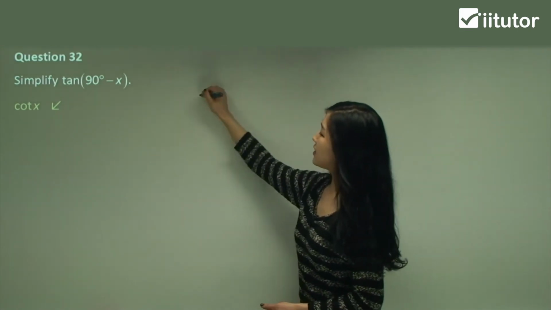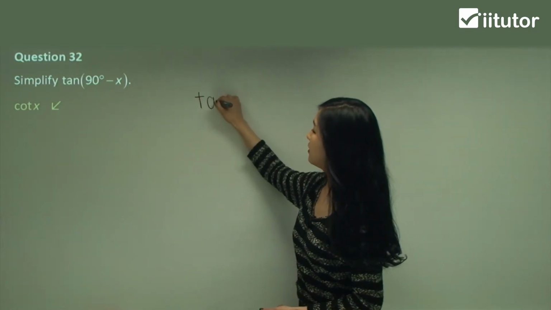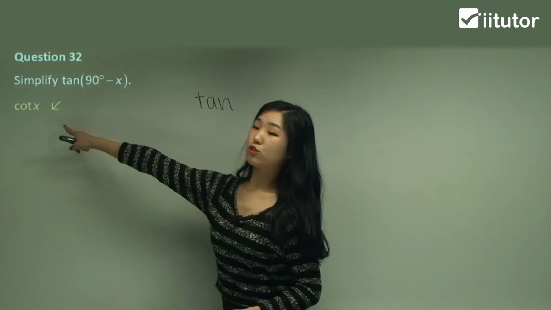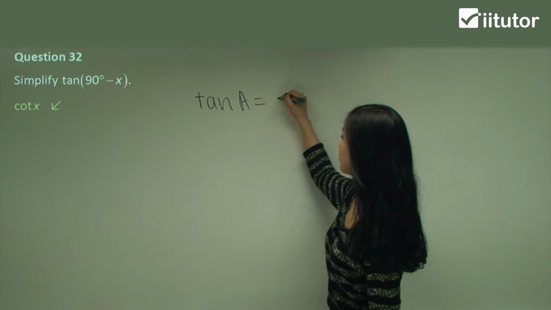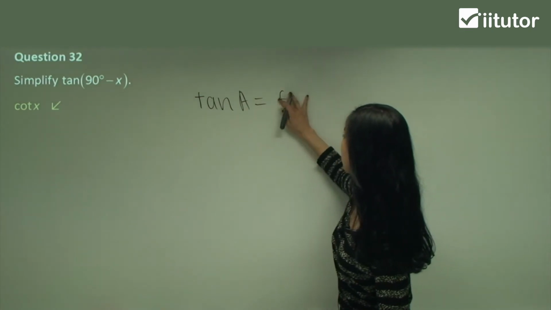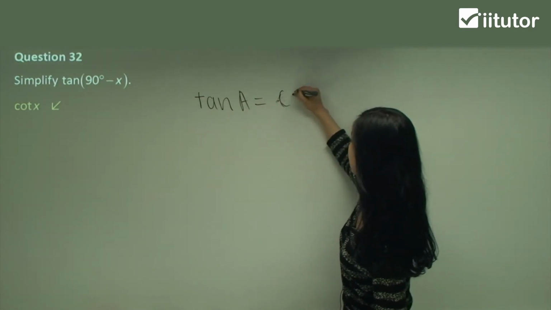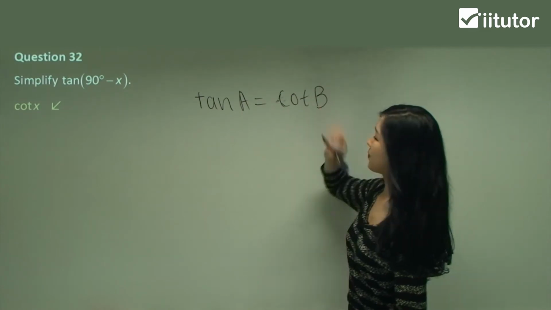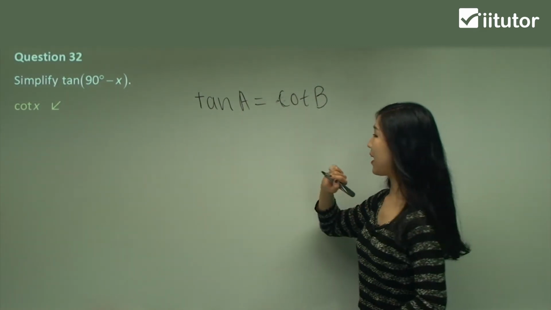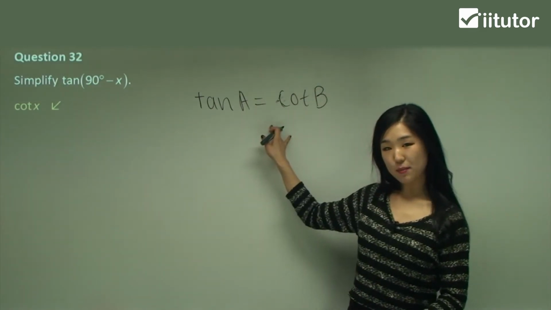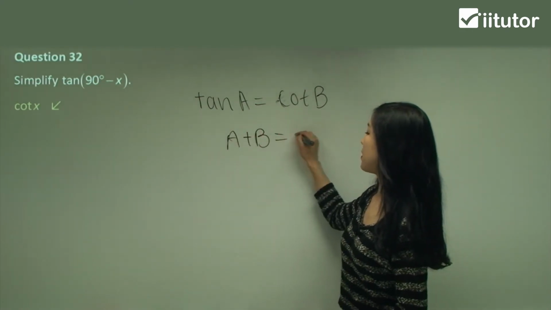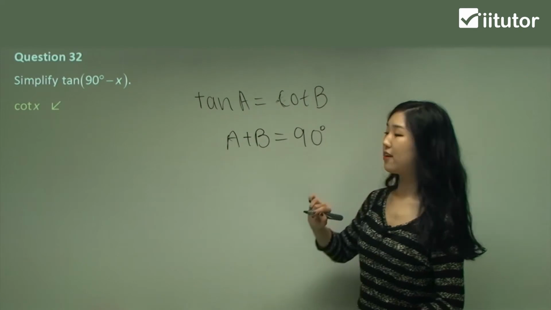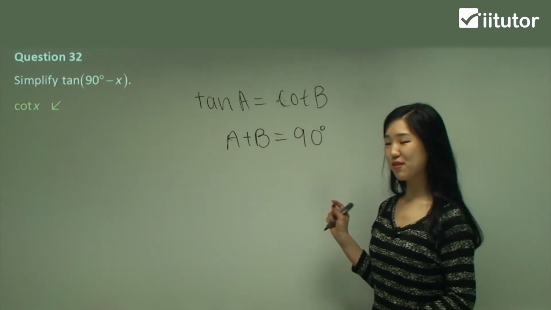See how tan of 90 degrees minus x equals cot x? And remember I told you that if tan a equals cot b, what is the relationship between a and b? Well, a plus b must be equal to 90 degrees. That's what I told you, right? So I hope you remember that.